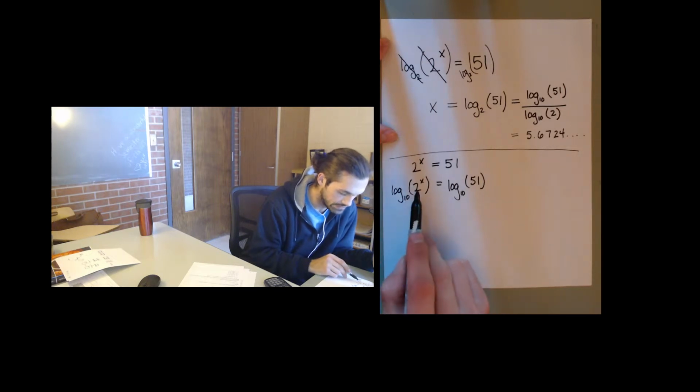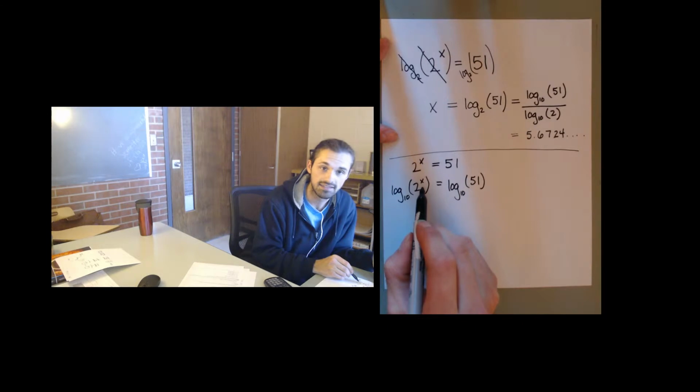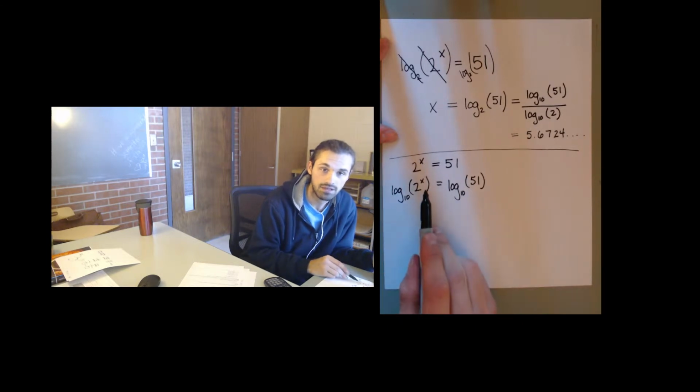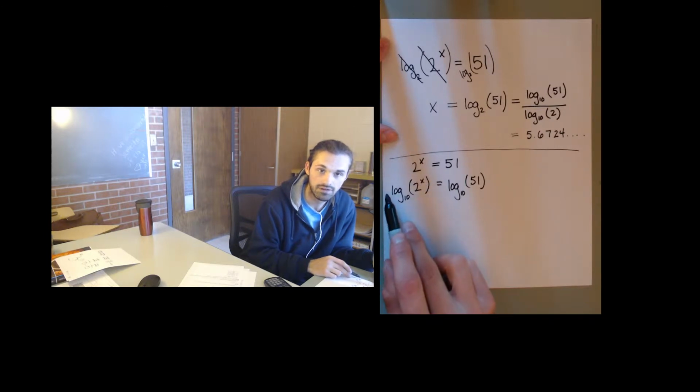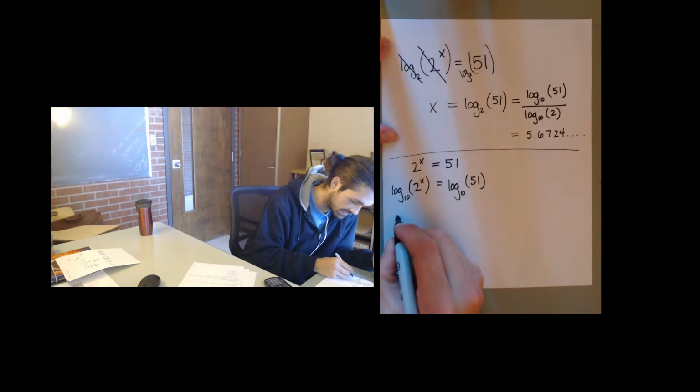And now, due to the laws of logarithms, I can take this exponent. So notice this exponent is being put upon the argument of the log. So I can take this exponent and I can bring it out front of the log and write it as a multiplication.